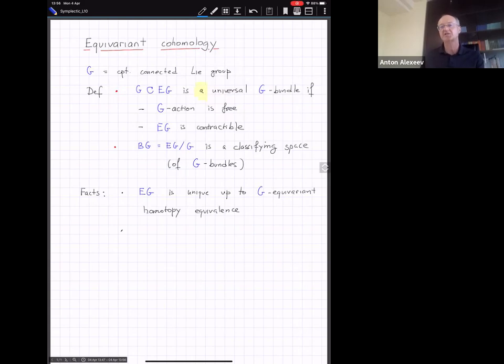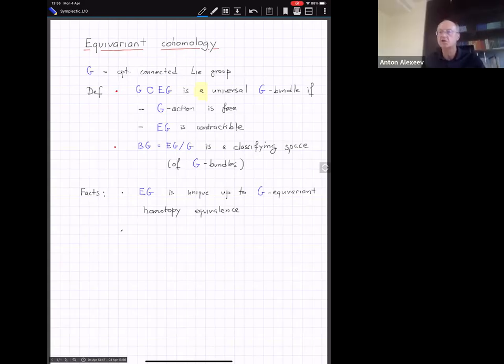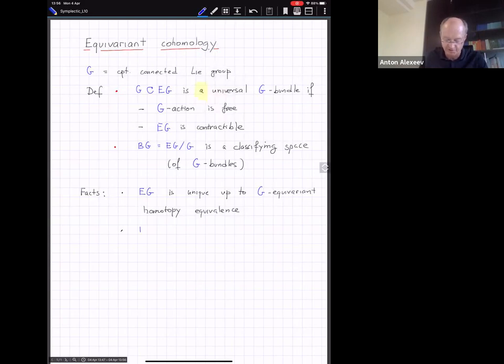So that's why I cautiously put it this way. No, that's not what I meant at all, Anton. I was honestly trying to understand the degree of uniqueness. So it's not unique, but it's unique up to something in some category, right? If you consider that G-equivariant homotopy equivalences are isomorphisms in your category, then it is unique. But homotopy equivalence can do lots of things to your space. So that's why I'm putting it that way.